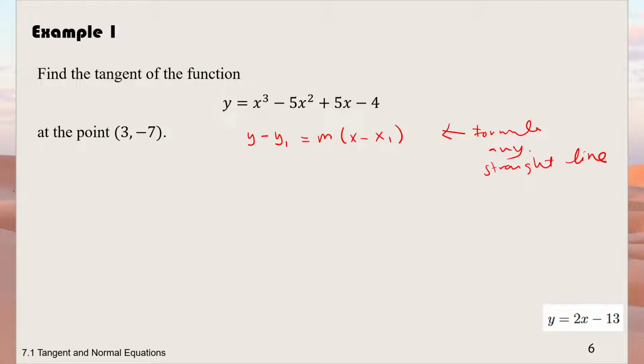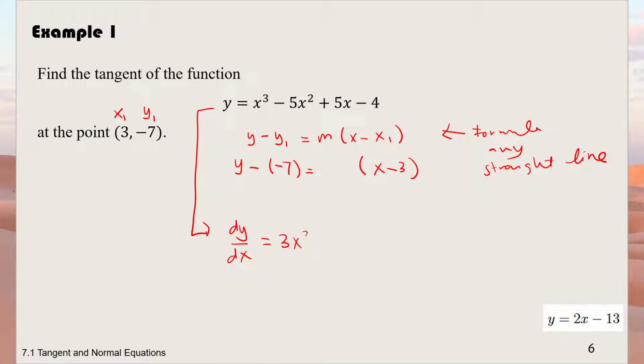Okay, now I have my x1 and my y1, so I can substitute here. My y1 is -7, my x1 is 3. Now what I'm lacking is a slope. So from this y, I need to find the differentiation dy/dx.